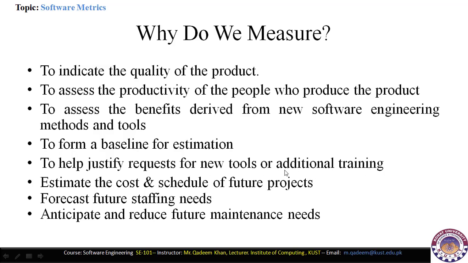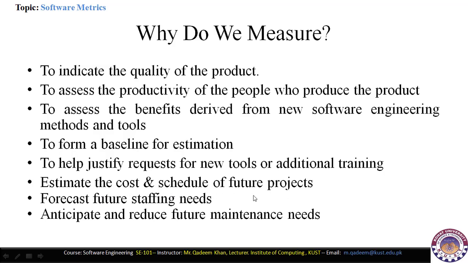For example, if the process is not working for us, that means if the life cycle model has certain defects or problems, then we can justify the need for new tools and additional training of our staff. It also estimates the cost and schedule of future products.